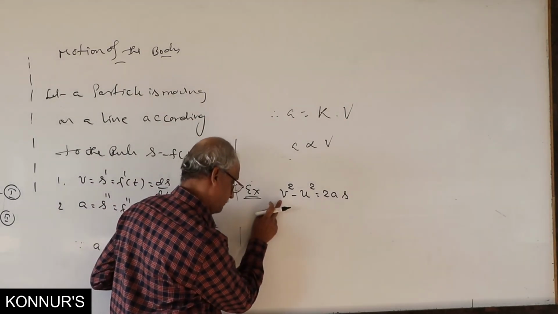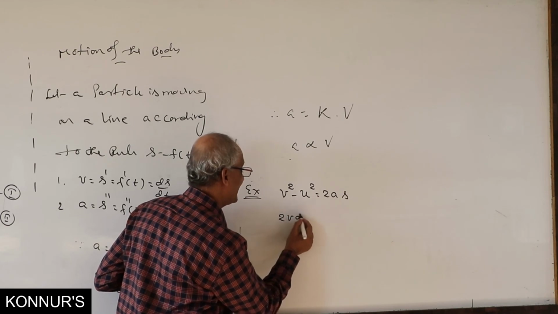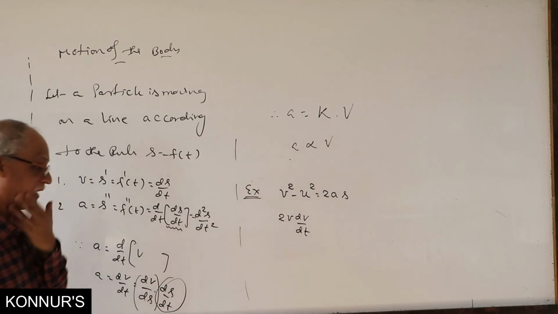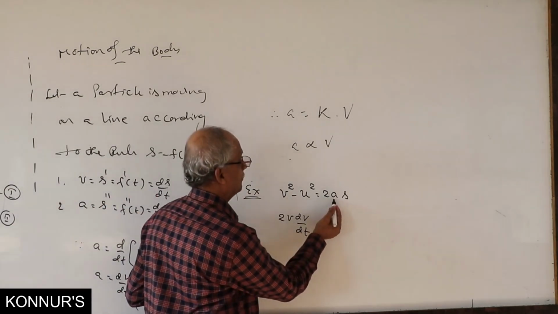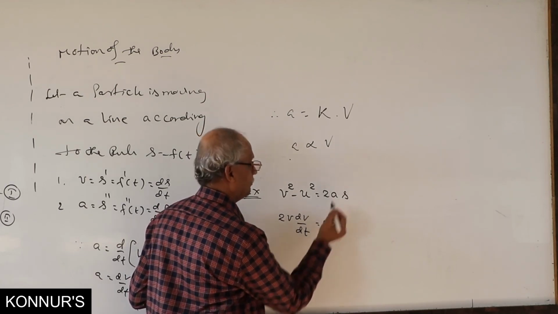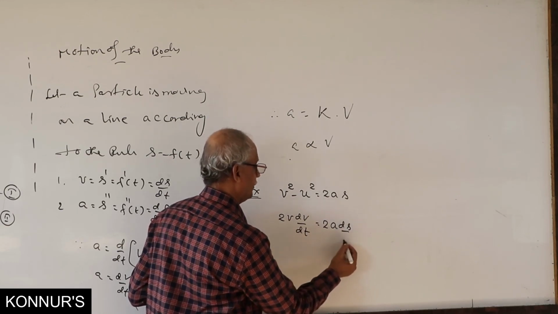Differentiate now. What is the v square derivative? 2v dv by dt. Constant derivative. Next u derivative 0. A is acceleration now. Constant. S is variable. With time derivative, what is the derivative? ds by dt.